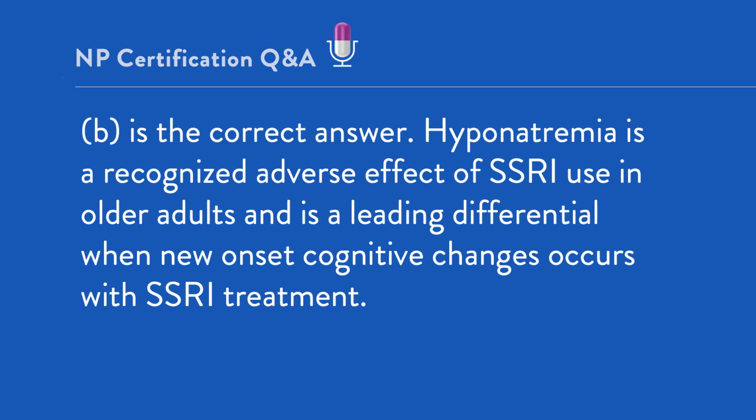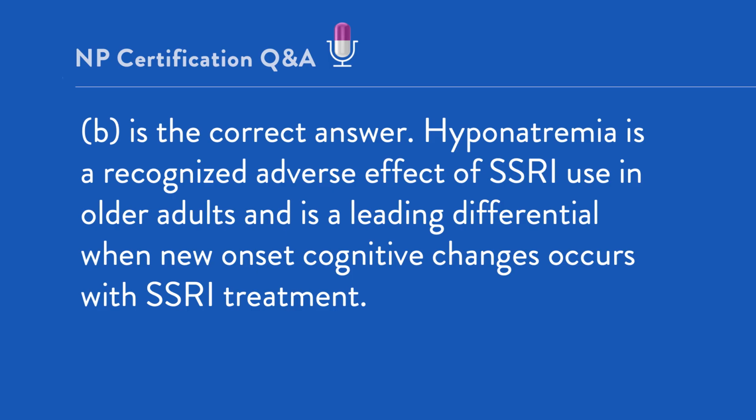Is it possible that he has a UTI? It's possible, but you're not hearing anything else in this question to suggest that. And we're not hearing anything else in this question to suggest an insidious Alzheimer's presentation. But we are told that he's 78 and he's been on an SSRI for 2 months. And so, typically, if something is not in the question, it's not really relevant to the answer.